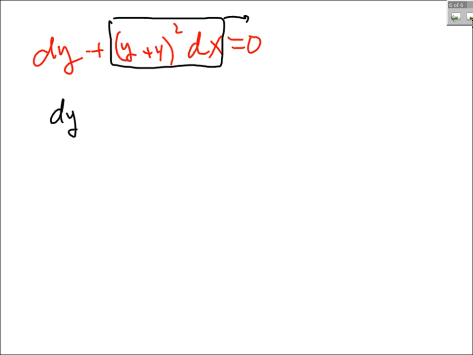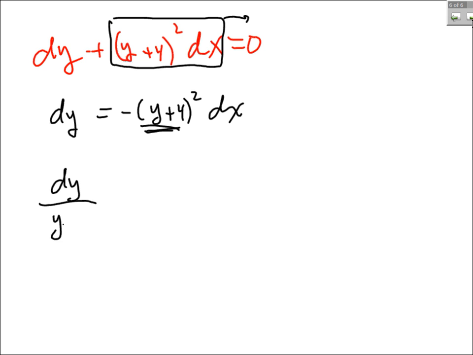So I have 1 dy is negative y plus 4 dx. Since that factor is a y, I put it on the bottom. And that minus sign you can put on either side of the equation.